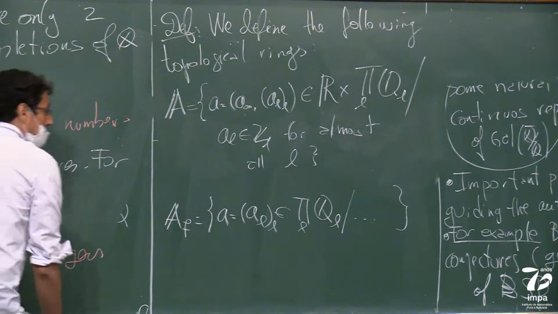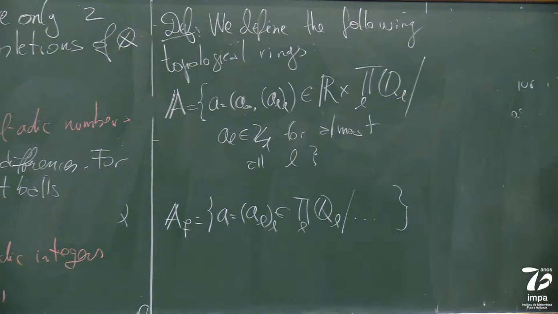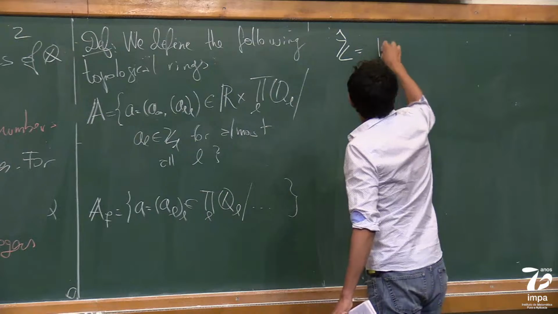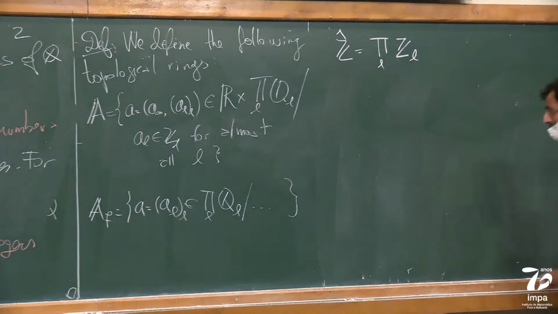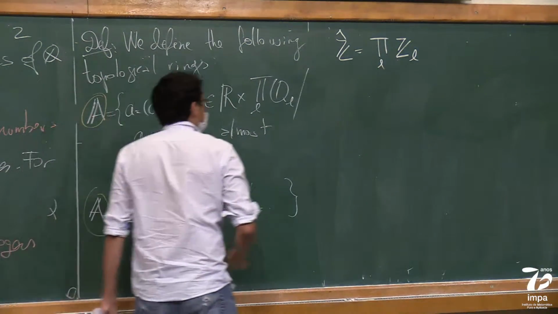And finally, you define the L-adic integers, the integers version of this. You take just the product of all these rings. So these are three rings that we introduced.